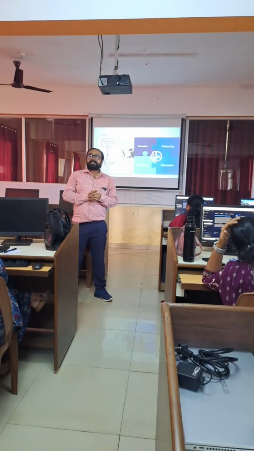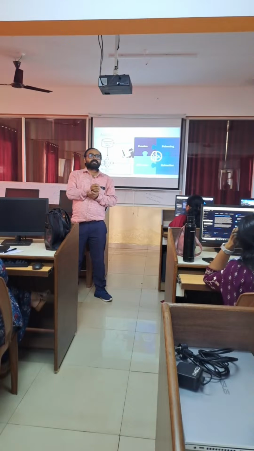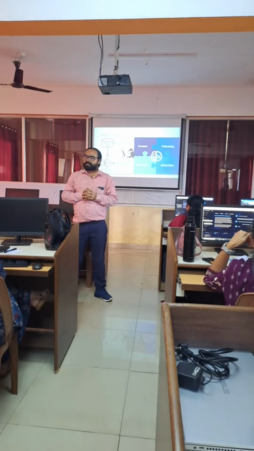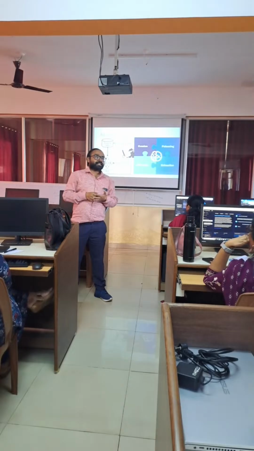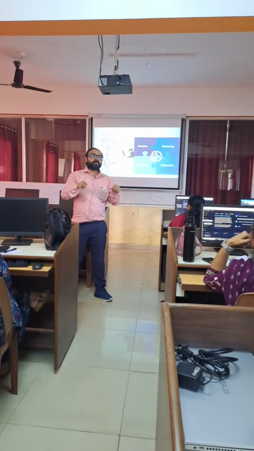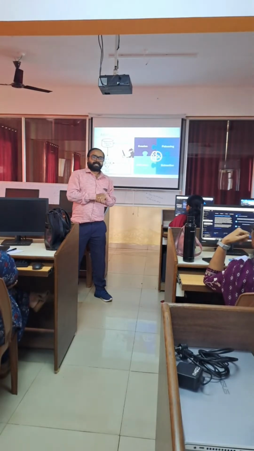Then the second one: in privacy preserving machine learning algorithms, we deal with something called homomorphic encryption. We have fully homomorphic encryption and partial homomorphic encryption. What we do there is we do computation on encrypted data.